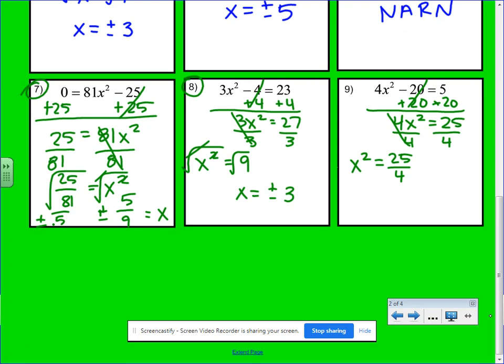However, again, 25 is a perfect square, and so is 4. So I could do x equals the square root of 25 is 5, the square root of 4 is 2, and of course you need plus or minus, which I tend to forget. Or it could also be plus or minus 2.5.